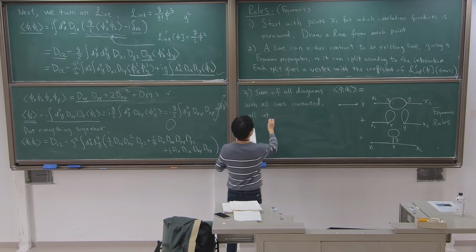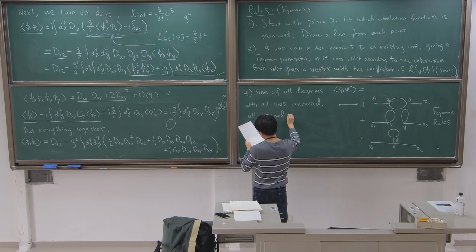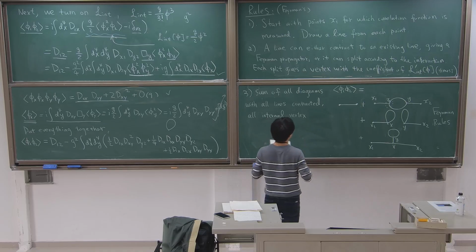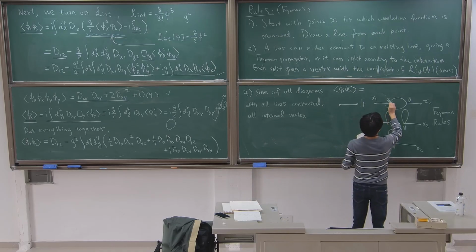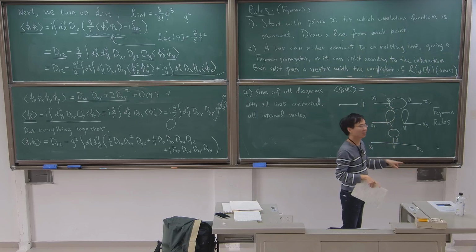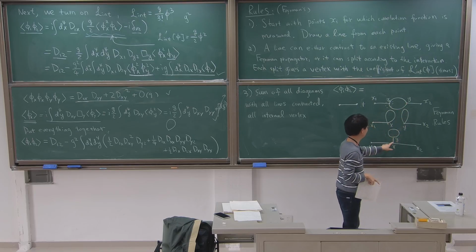We can also have internal lines, right? Clearly, internal lines, also internal vortex. Internal vortex just means the position which you can split. So this I have to call the internal vortex. This one.